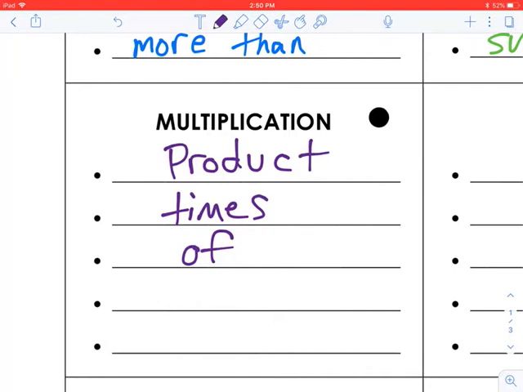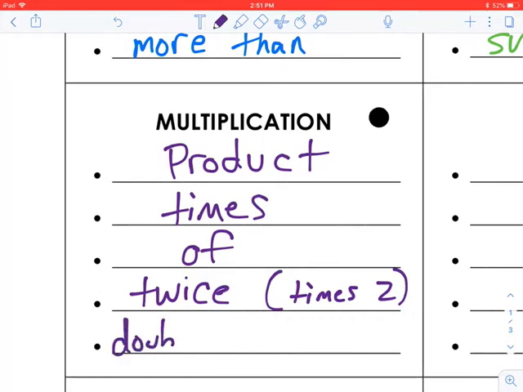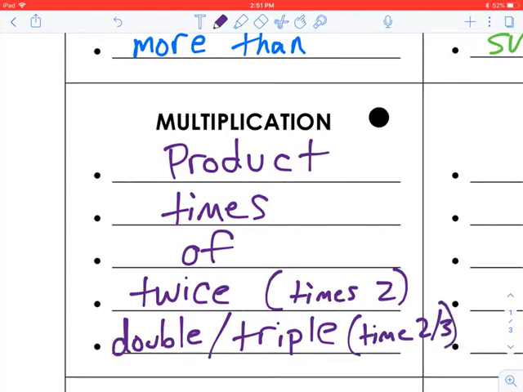And then things like twice. Twice means 2 times, or times 2. Or double, something like double is also times 2, or triple, which is times 3. Double, triple something, you multiply by 2 or 3.